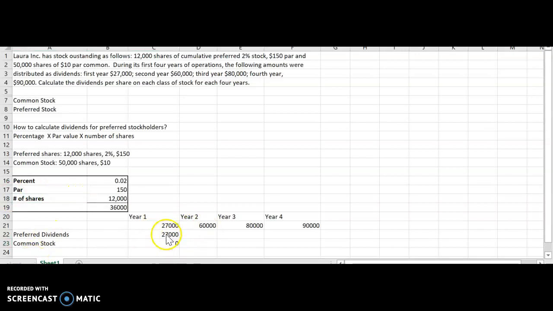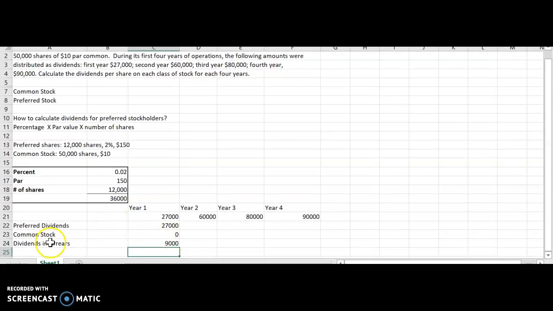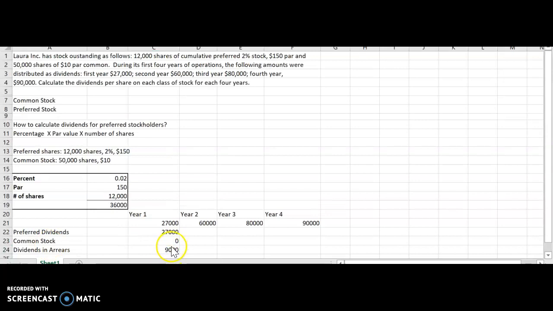Notice common stockholders didn't get any because there was none left over. And then we have dividends in arrears. These are dividends that we weren't able to pay our preferred stockholders, so we still owe them for that amount. We owe them $36,000 and we paid them $27,000, so we still owe them $9,000. We'll give that to them when we have enough to give that out.